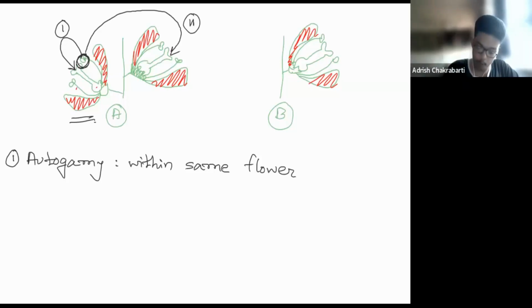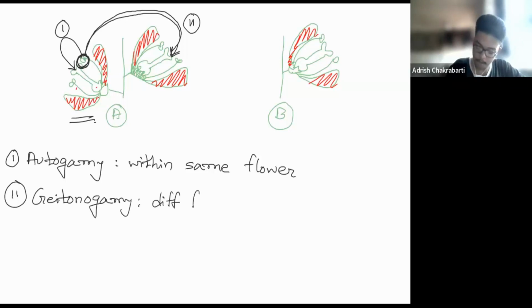The transfer of pollen grains from anther to stigma of a different flower, but of the same plant. Okay, this is important. Different flower, but of the same plant. This particular phenomenon is known as geitonogamy. So what is geitonogamy? We have a different flower, but the same plant.